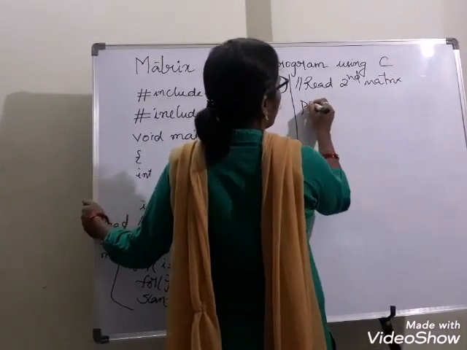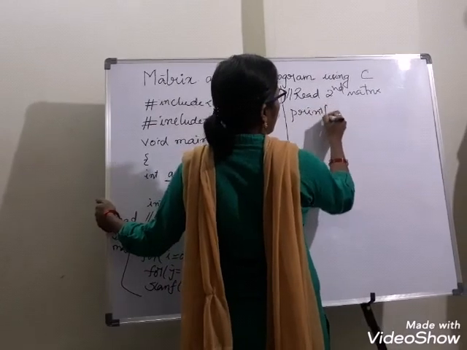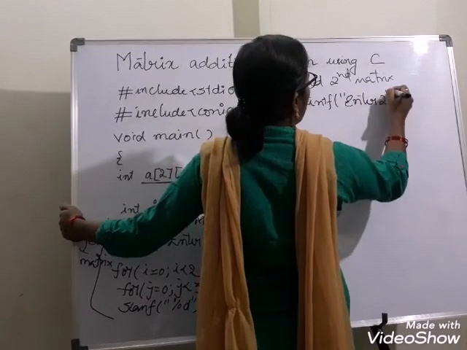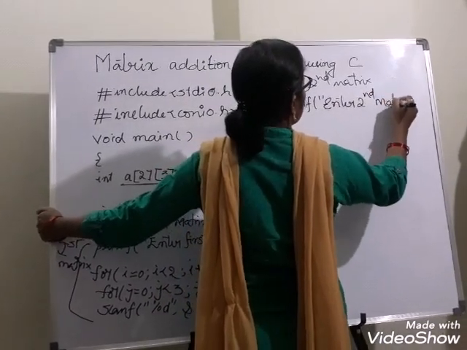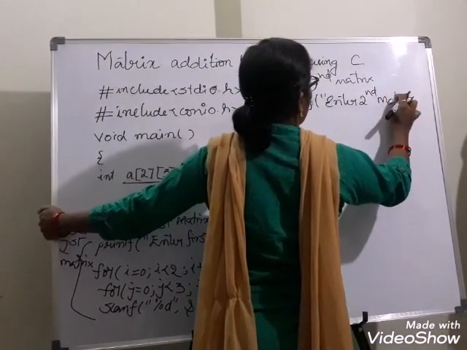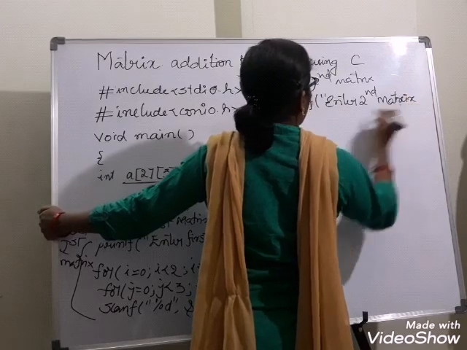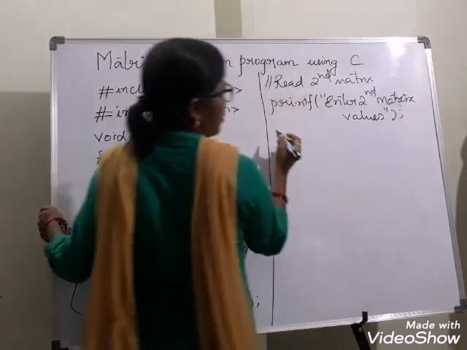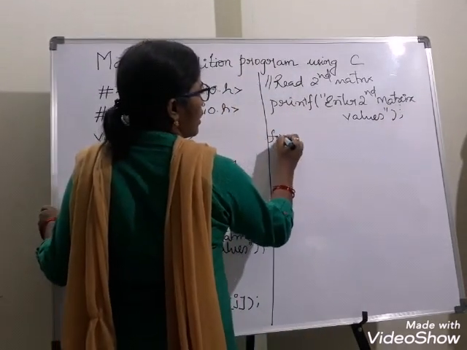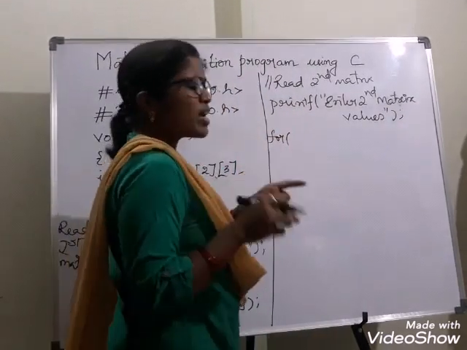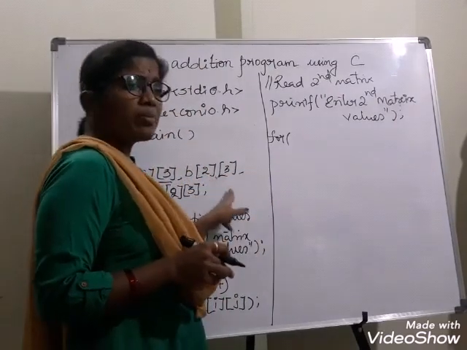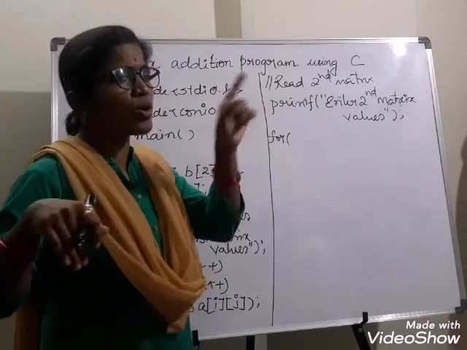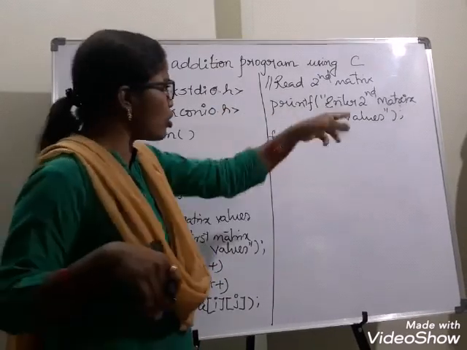Printf("enter second matrix values"). Here I have to read all the 6 values because I am taking the second matrix as 2 by 3, so 2 rows and 3 columns, total 6 values.